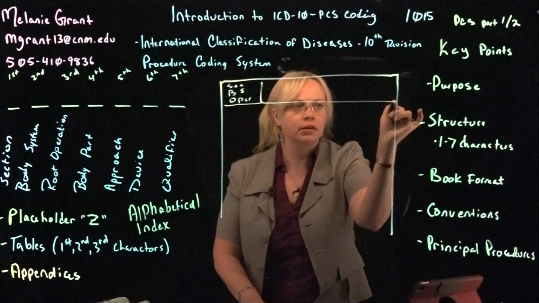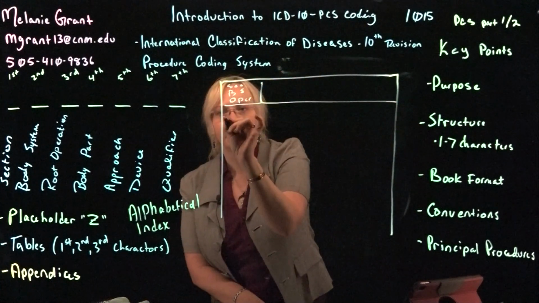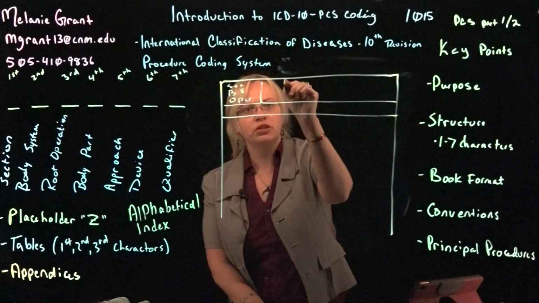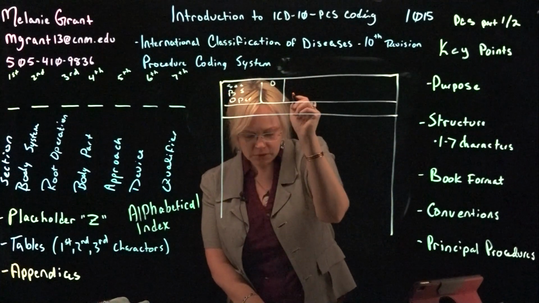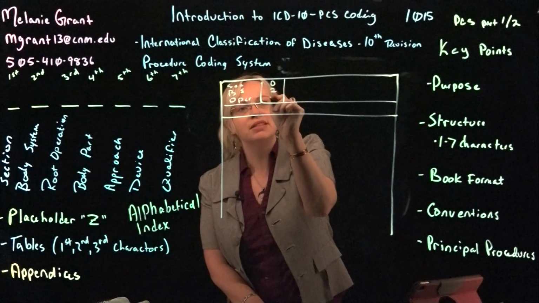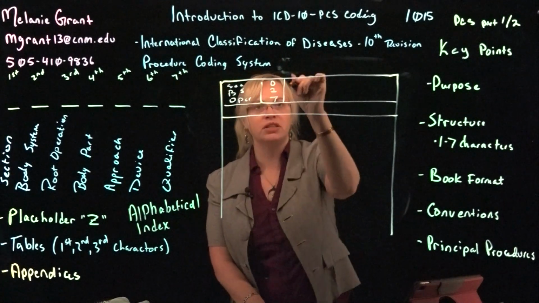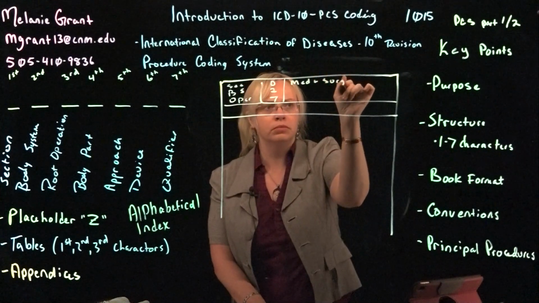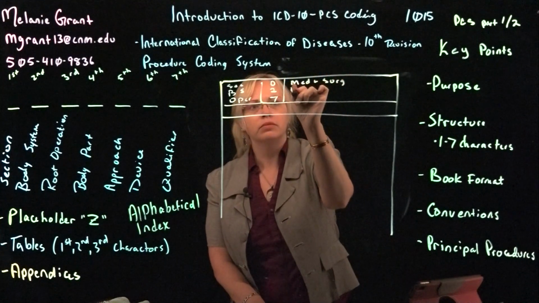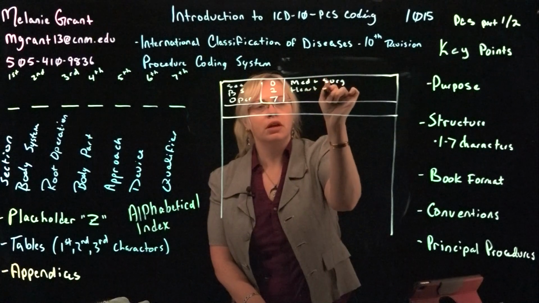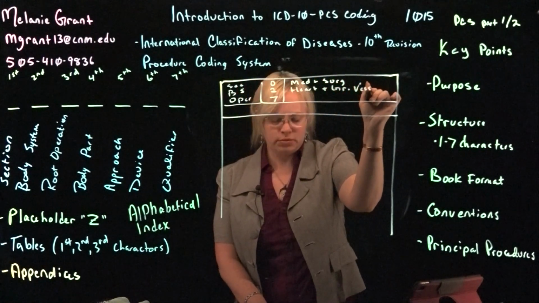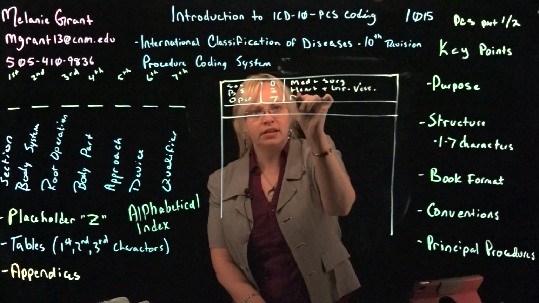Okay. And then they've given that to you, 0, 2, and 7, and they give you the definition next to it. You have medical and surgical, heart and greater vessels, and dilation.